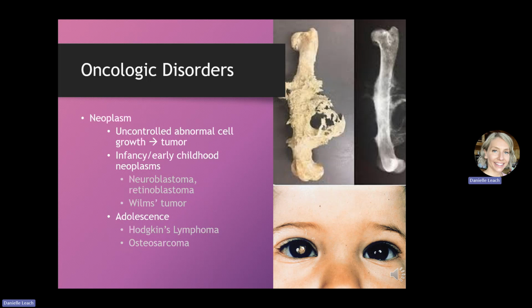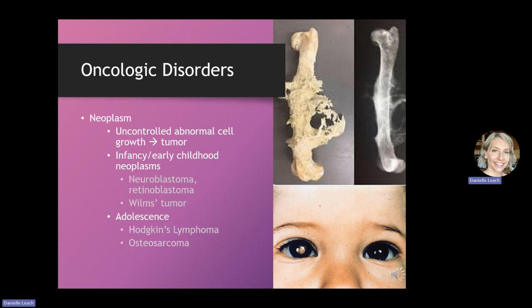A couple of examples of cancer in children, some of which we'll talk more about. One is a neuroblastoma, which is more common in infancy and early childhood. This is a cancer that develops from immature nerve cells, which are found in several different areas of the body, commonly in and around the adrenal glands.